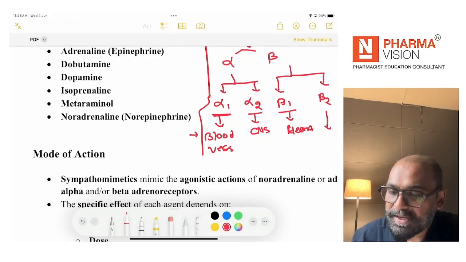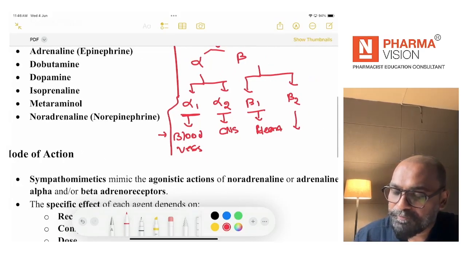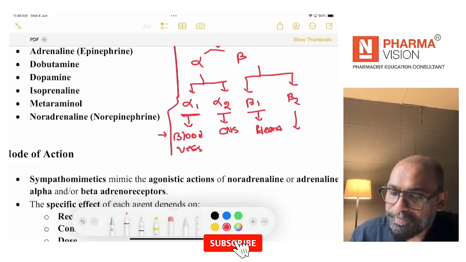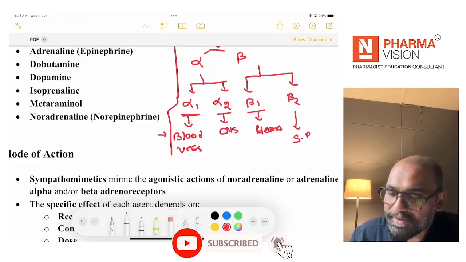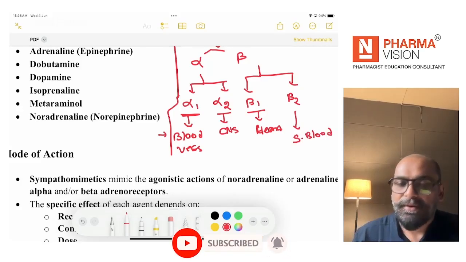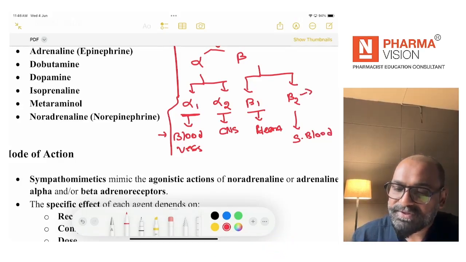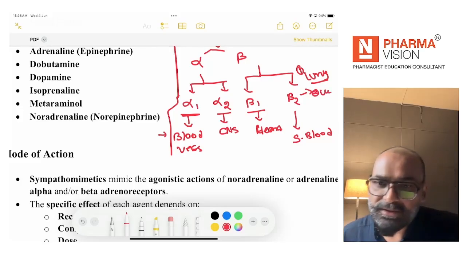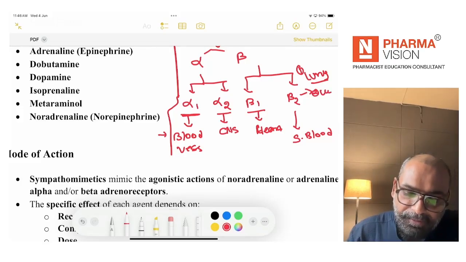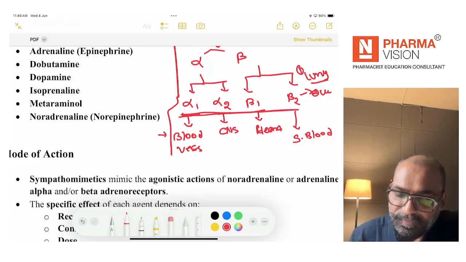Beta 2 receptors are located in skeletal muscles and blood vessels. This is pretty much the main basic distribution. Beta 2 receptors are also present in other vital organs like the lungs, uterus, and other organs. But our main intention is to cover this part today.